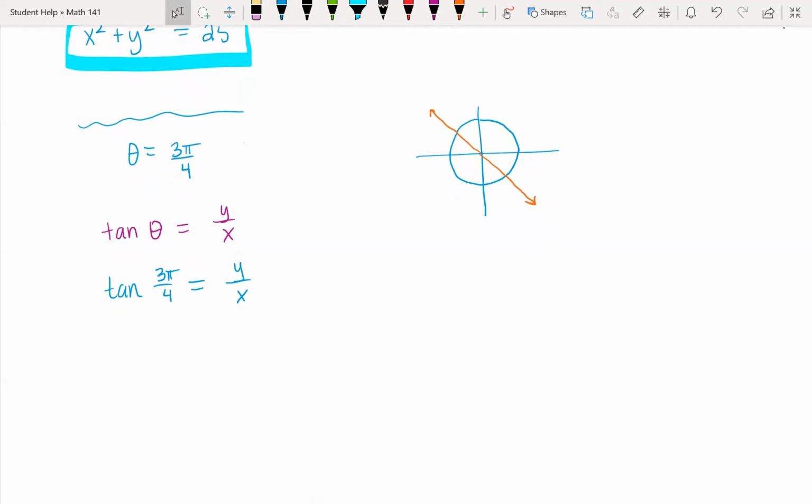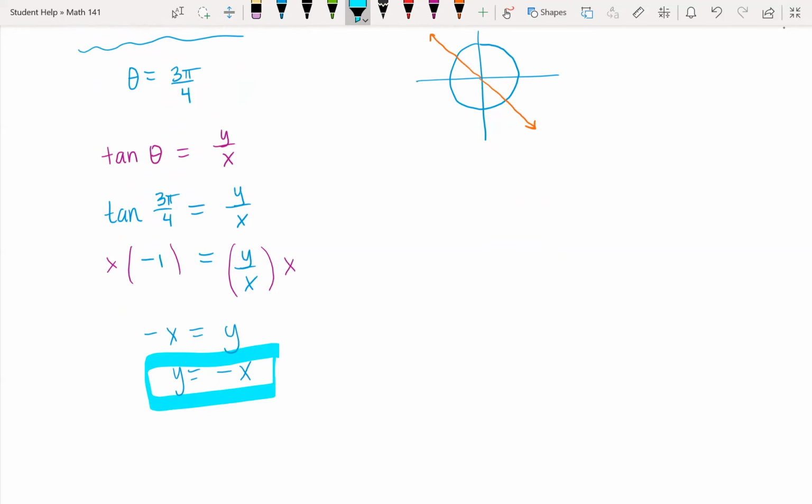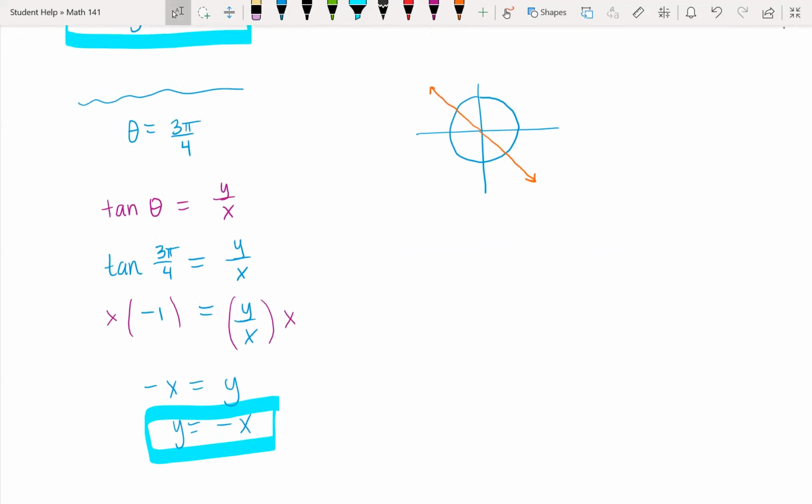We know that that's just -1. And then if we multiply both sides of this by x to clear the denominators, we're going to get that -x is equal to y. Or you're probably more used to seeing this as y equals -x. That's exactly the graph that we've drawn there. We have a straight line that goes through the origin with a slope of -1. So this is the rectangular version that we're used to seeing.